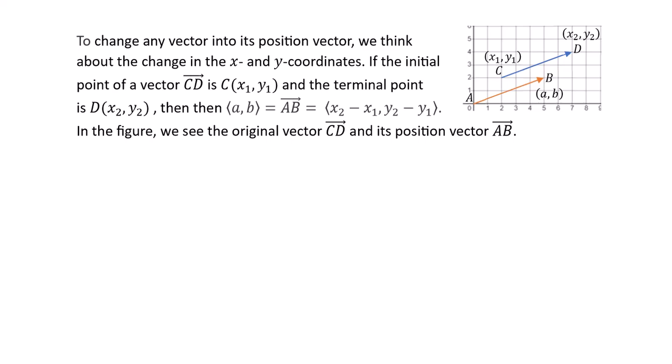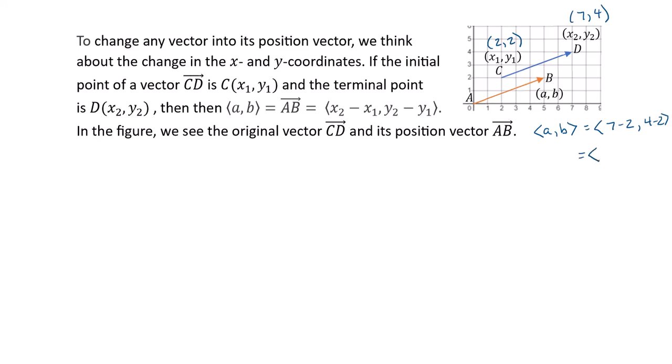In the figure, we see the original vector CD and its position vector AB. Point C is the point (2, 2), and point D is the point (7, 4). So to find position vector AB, we take 7 minus 2 and 4 minus 2.